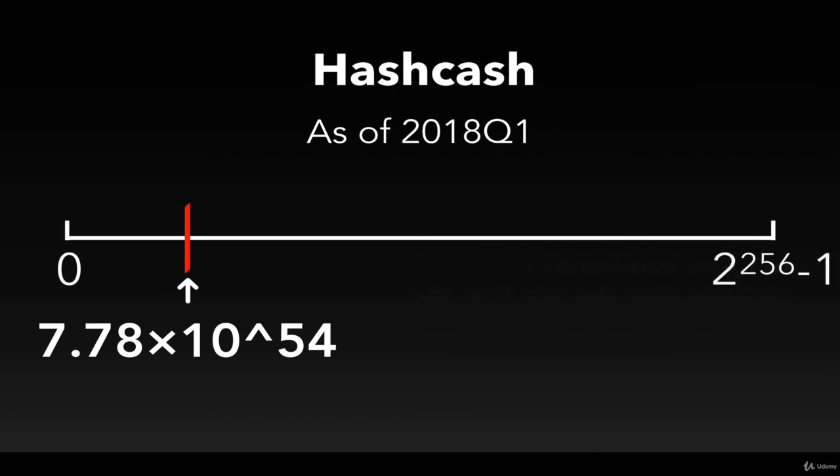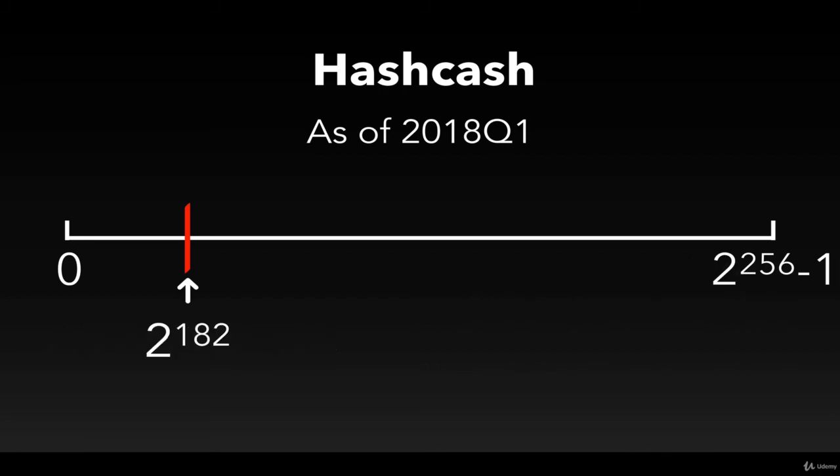Now, to simplify this, let's represent the actual target as 2 to an exponent, so it looks a little more similar to the right-hand side. The target as of 2018 Q1 is about 2 to the 182nd power. Now, this is of course not drawn to scale, and those two numbers don't look so different. But the number 2 to the 182nd power is a lot smaller than 2 to the 256th power.